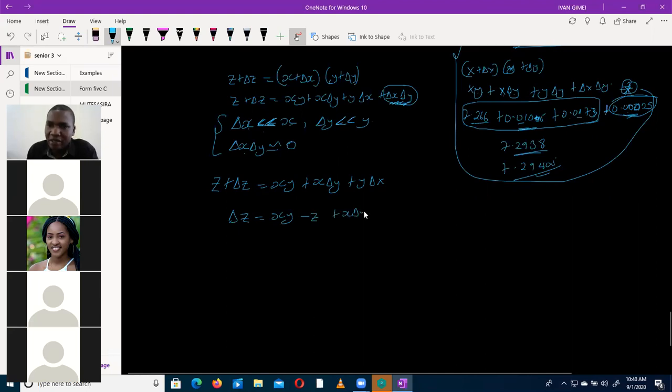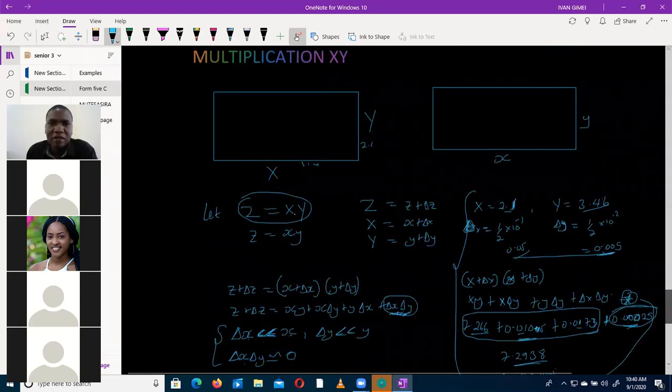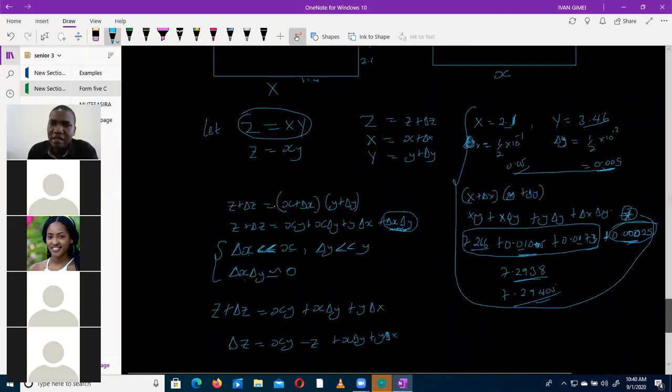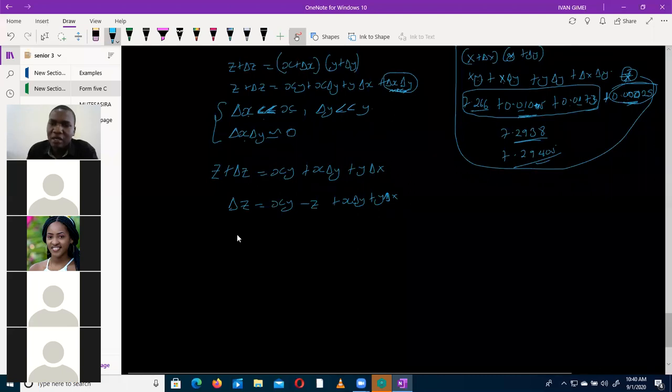Remember, while defining, we also define small z: if capital Z is capital X times capital Y, then small z will be small x times small y. So here we end up with this and this will cancel because they're the same. So error in z will be equivalent to x error in y plus y error in x.